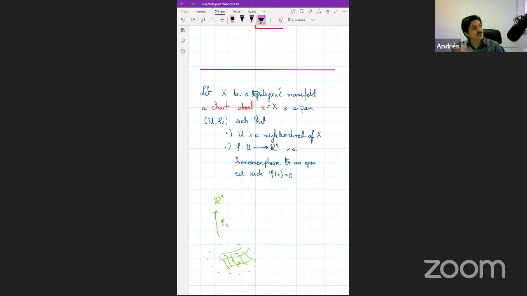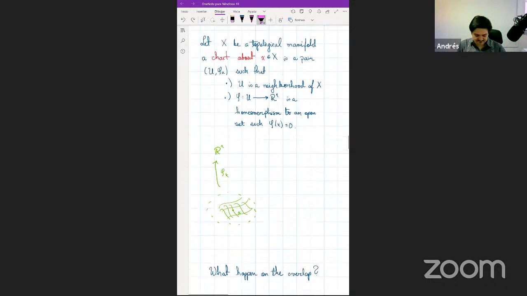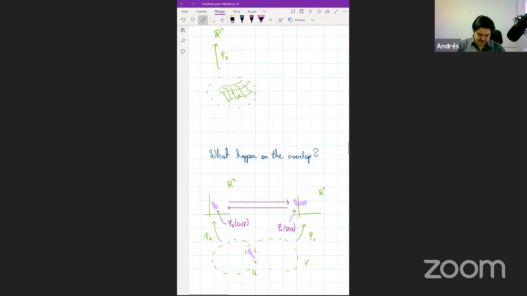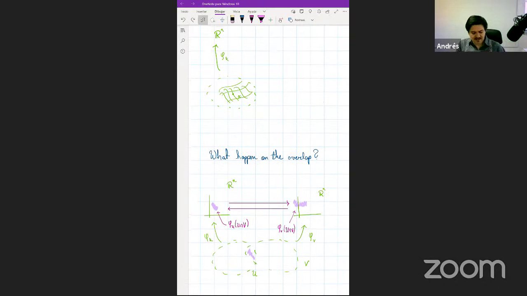Okay, so I have a chart about a point X. So now, if I have two charts that overlap, this is what I told you before, that you have these functions, right?